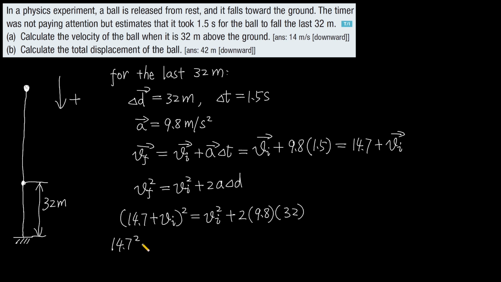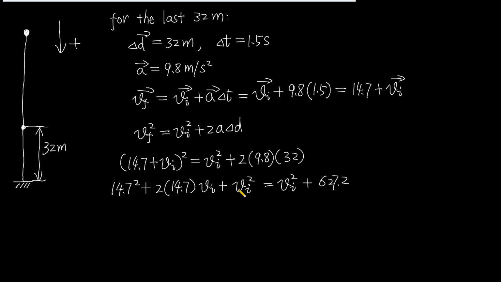And going ahead, the left side is 14.7 squared plus 2 multiplied by 14.7 multiplied by the initial velocity plus the initial velocity squared, equals the initial velocity squared plus 627.2. And the initial velocity squared on the left side can be cancelled with the initial velocity squared on the right side.